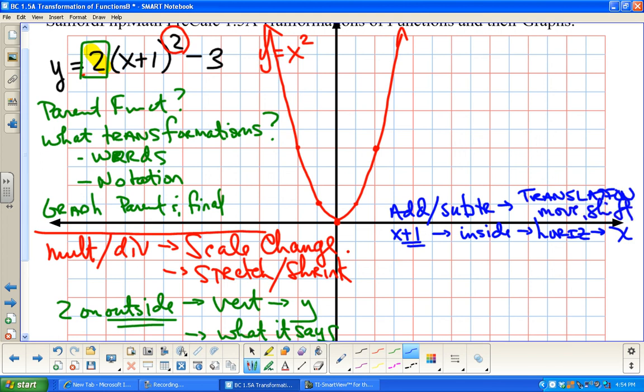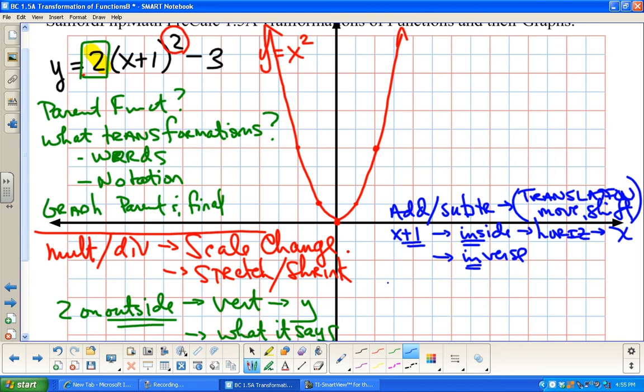Okay, translation, move, shift, all synonyms there. One other thing: when it's inside, it's inverse. It's just the way it is. It doesn't feel right, but graph it, you'll see.